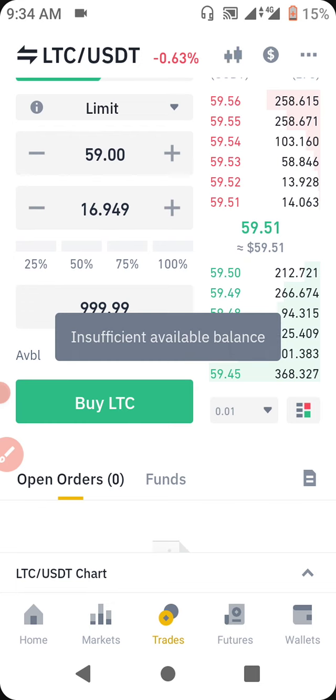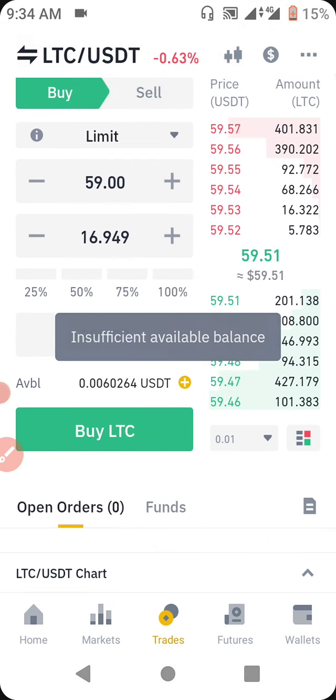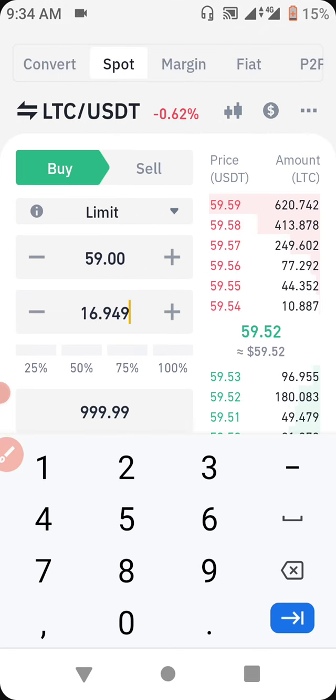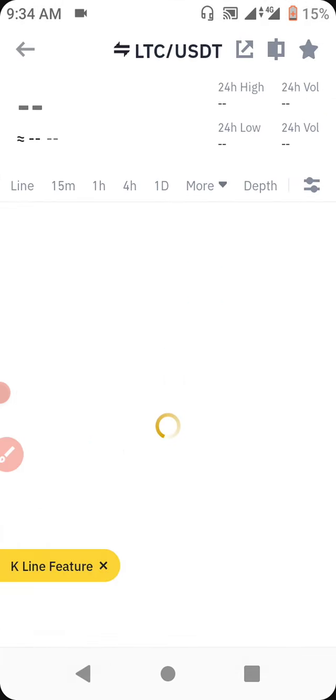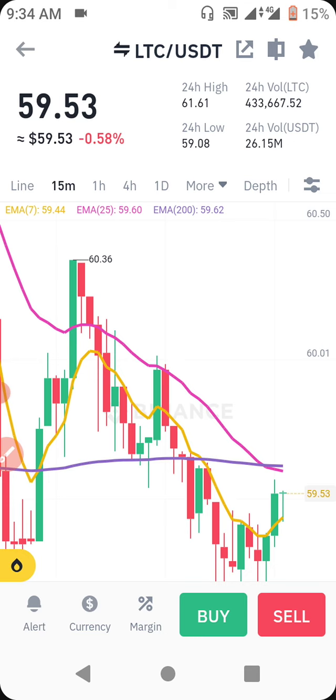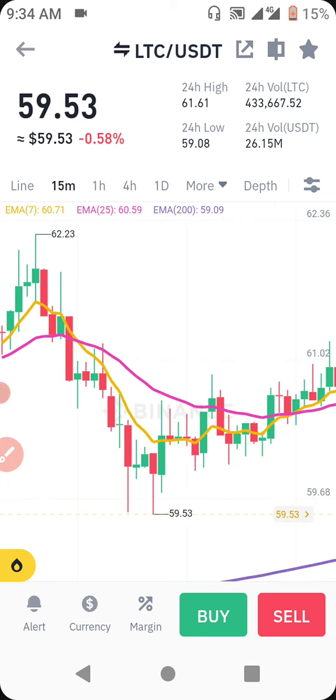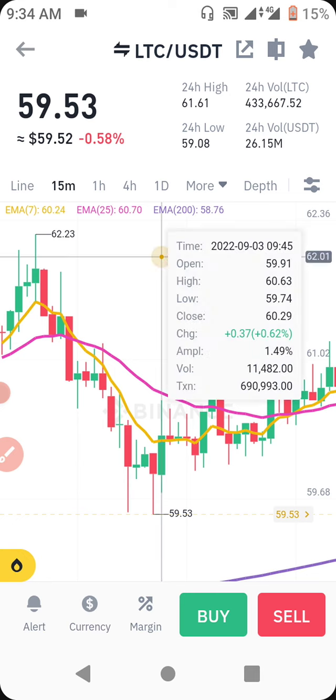But if we already have our LTC, we will not sell. We will target our main resistance, our major resistance, that's 62.10, because this is 62.23.